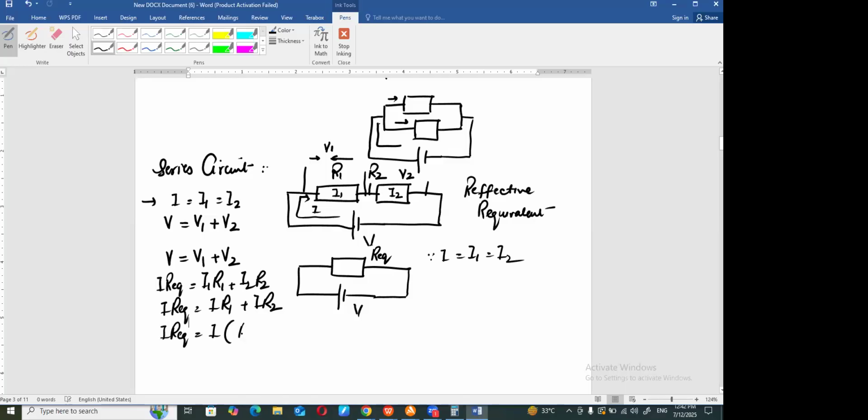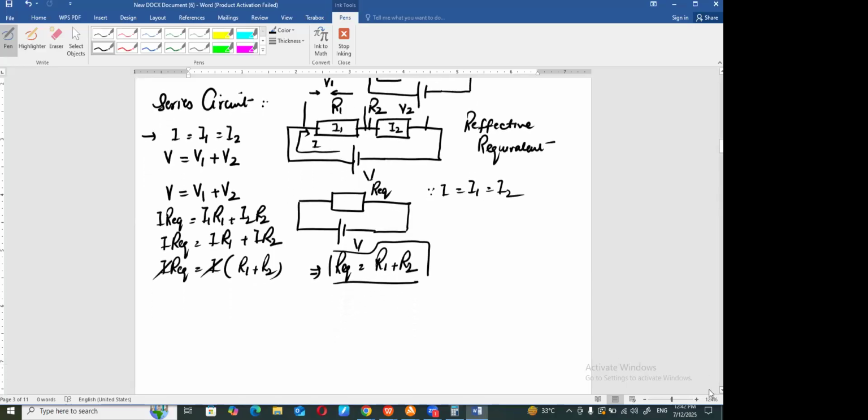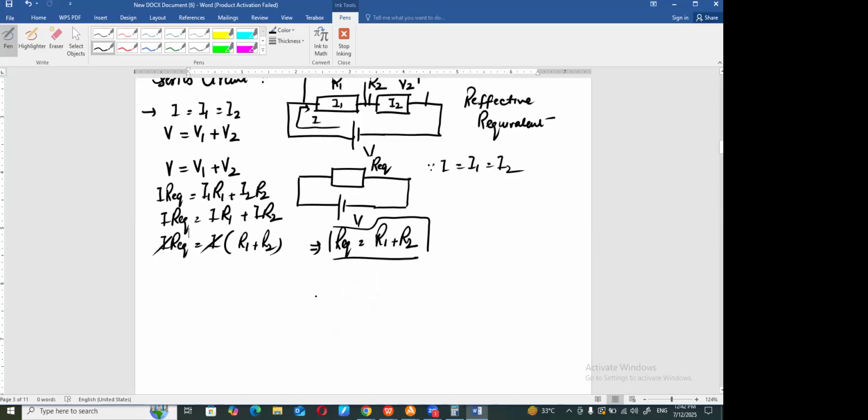Taking I as common, I times R1 plus R2. So this I and this I cancel, and you will have R equivalent is equal to R1 plus R2. So technically, in a series circuit, to find the R equivalent, you just need to add the resistances connected in series, and you can replace all the resistances with that single R equivalent resistance.